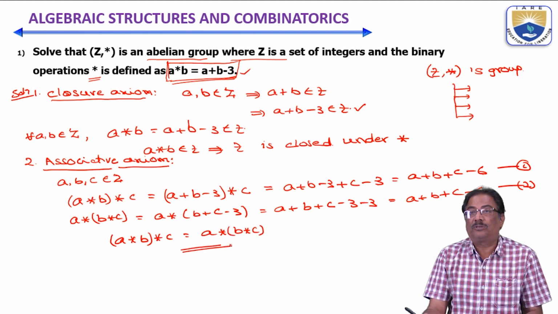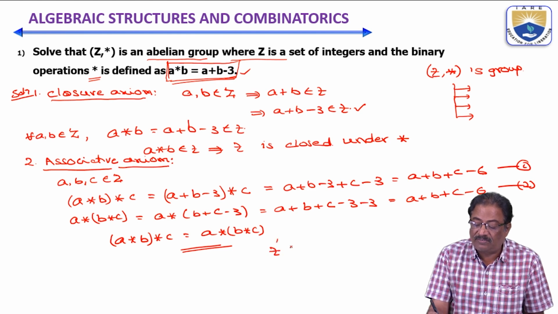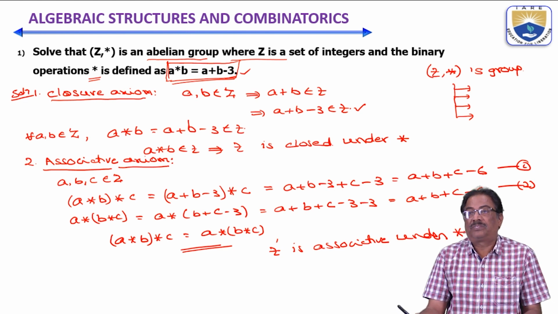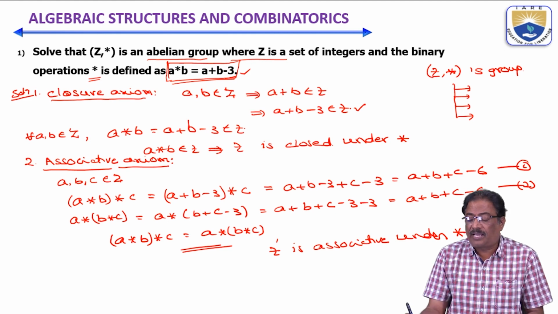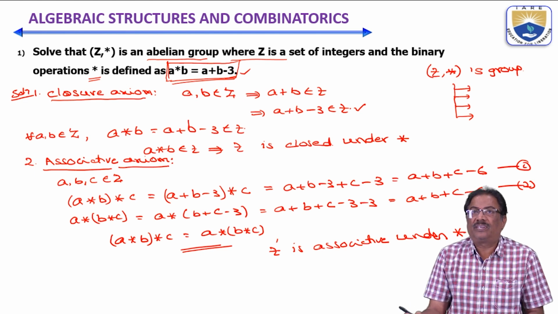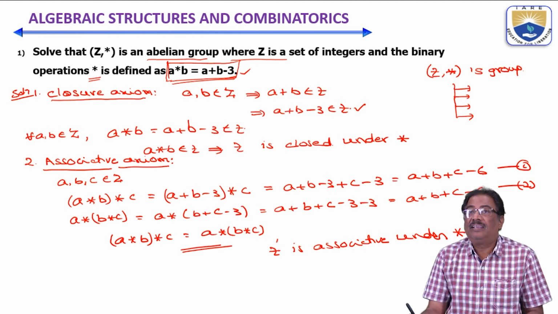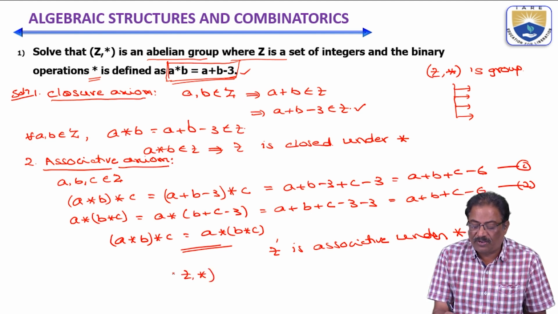Whenever this is satisfied, then we can say that Z satisfies the associative axiom under the binary operation star. So now, (Z, *) is satisfying closure and associativity. So we are going to say that (Z, *) is a semigroup. Whenever it satisfies these two, we can say that it is a semigroup.